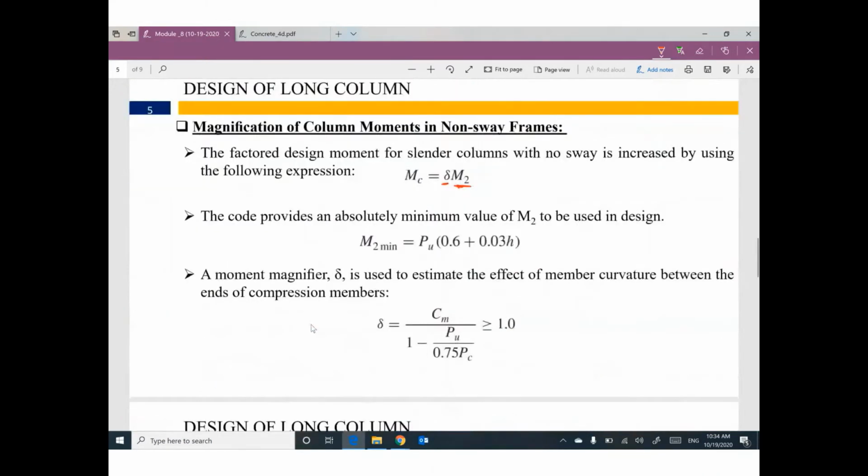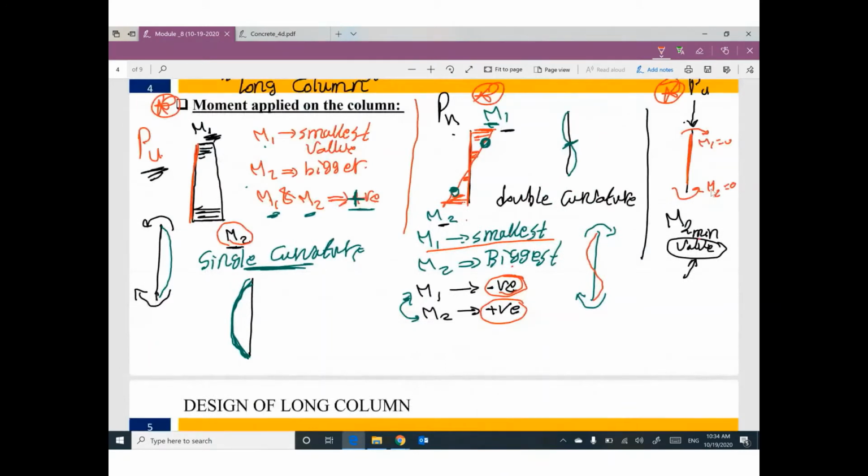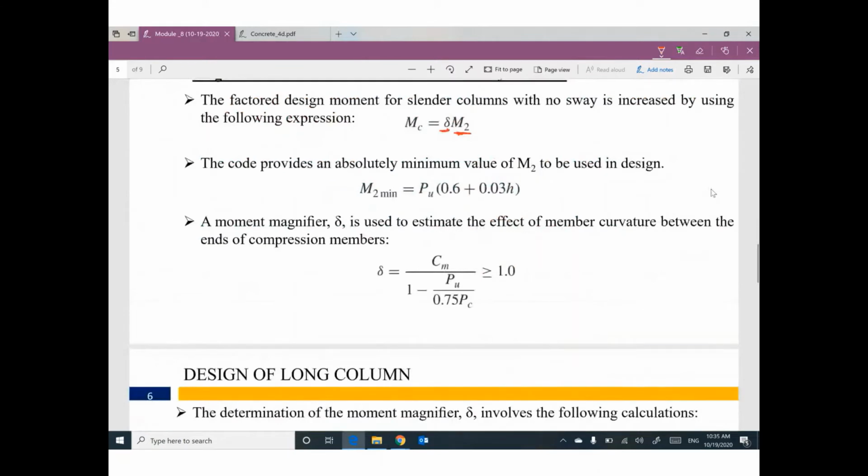One of you will say, hey, I don't have moment, which is the third case. In this case, which value of M2? The code provides an absolute minimum value for M2 if you don't have it. How much? P ultimate times (0.6 plus 0.03 H).